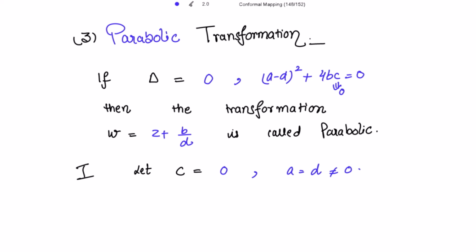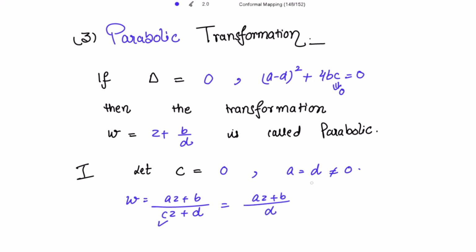And the linear transformation is of the form, what is the linear transformation? That is the original one, w equal to az plus b over cz plus d. This will become, putting a equal to d, first let's put c equal to 0 over here: az plus b over d.